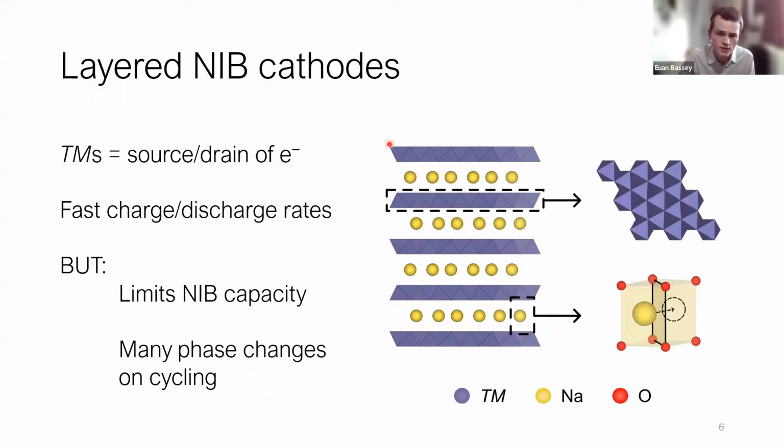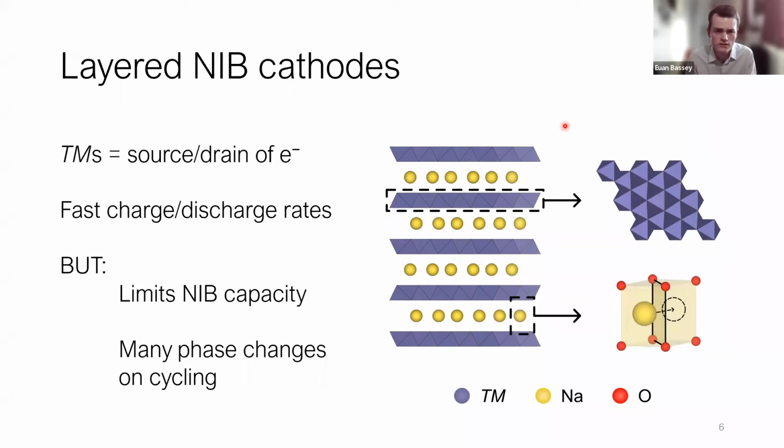The entire structure of this material is essentially where you have these transition metal oxygen octahedra. They're all edge sharing, and you end up with these nice layers. And then between those layers, we have these galleries of sodium ions. And those sodium ions can, as I say, move very, very quickly throughout the material. The transition metals are simply there to act as a source or drain of electrons. So during charge and discharge, that's where the electrons shuttle in and out from.